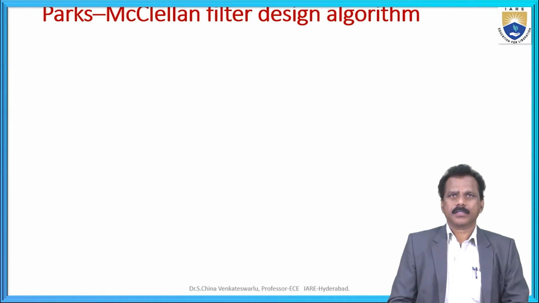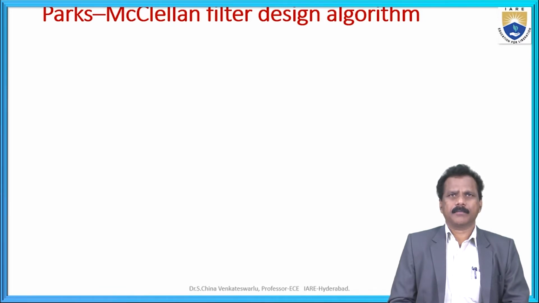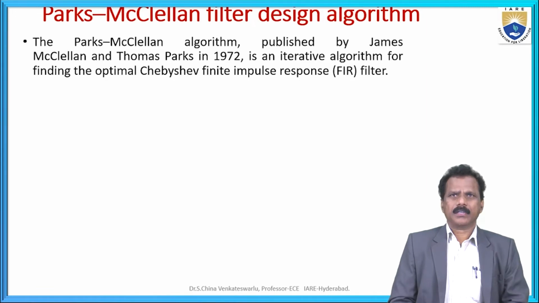Now coming to the Parks-McClellan filter design algorithm. Why have we chosen this one? Because the FIR filter is not observed to be optimized. The Parks-McClellan algorithm, published by James McClellan and Thomas Parks in 1972, is an iterative algorithm for finding the optimal Chebyshev finite impulse response filter or non-recursive filter.